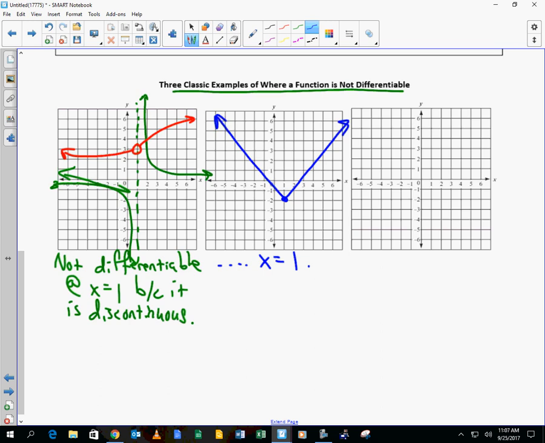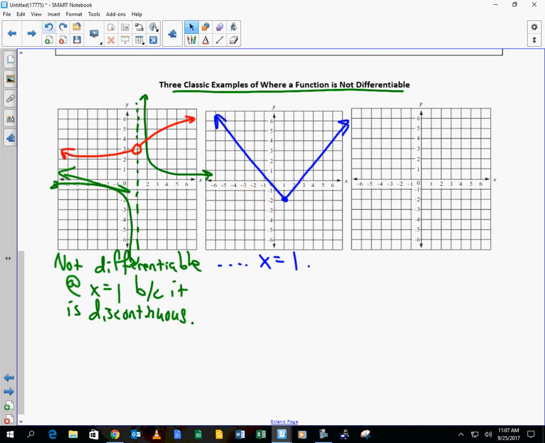If I were to draw a line tangent, what should the tangent line look like? Or should it look like that? Or that? How should it look? You really should only have one, right?